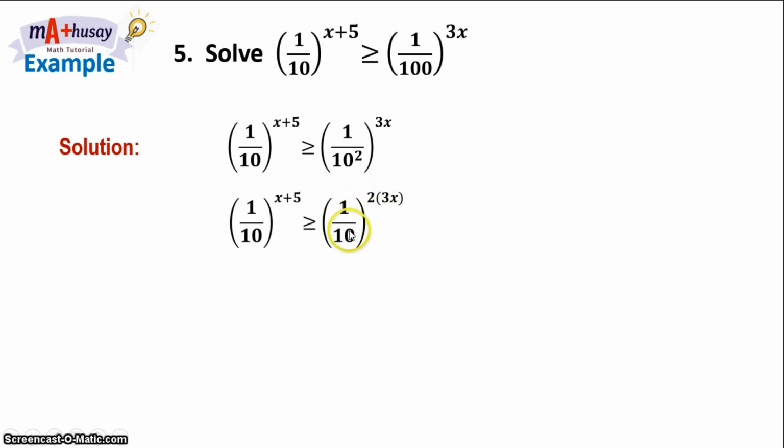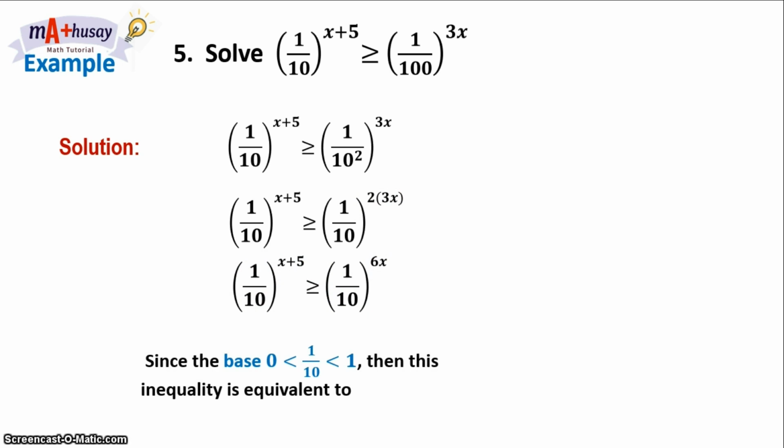So, take note that 1 over 10 squared is still the same as 1 over 100. So, from here, we simplify yung ating expression na nasa exponent. So, we have 1 over 10 raised to x plus 5 greater than or equal to 1 over 10 raised to 6x. Kasi nga, 2 times 3x is 6x.